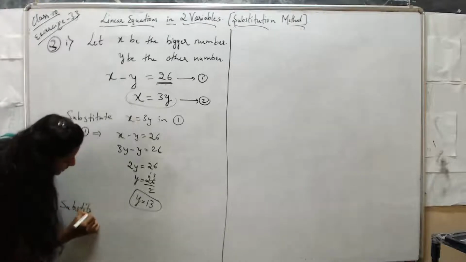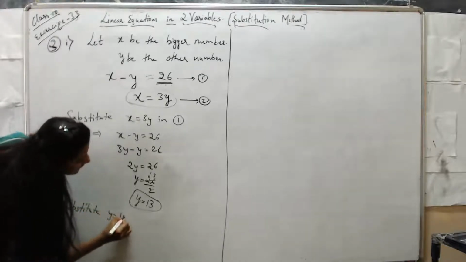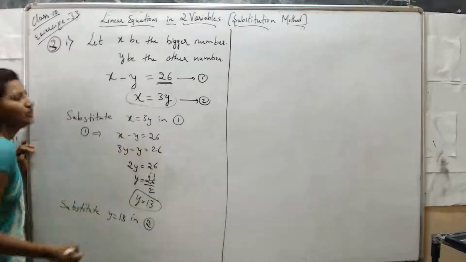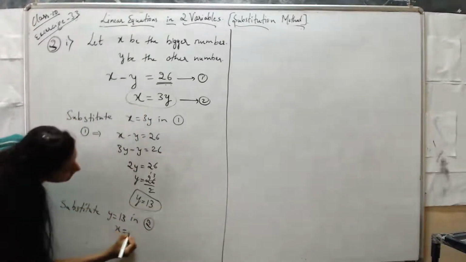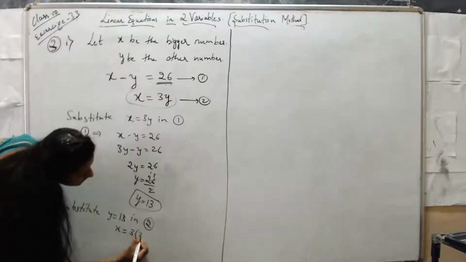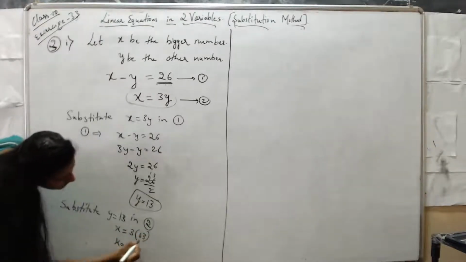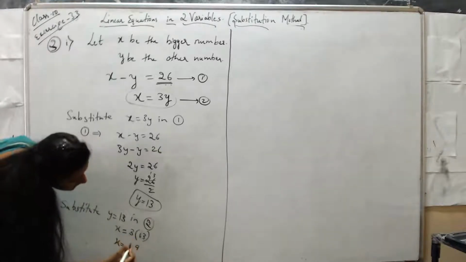Substitute y is equal to 13 in which equation? In equation 2. So x is equal to 3 into 13. Therefore x is equal to 3 threes are 9, 1 three is 3, 13 threes are how much? 39.